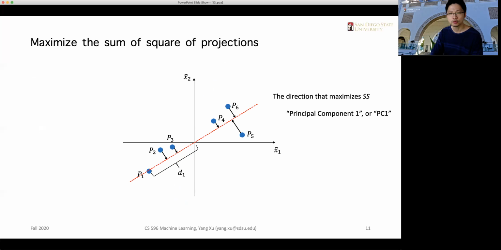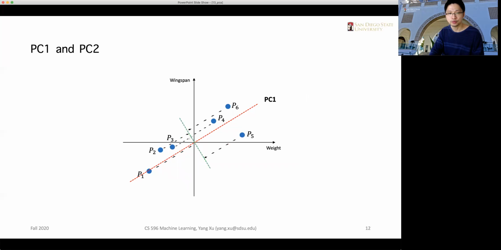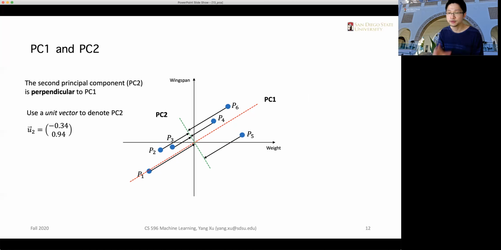With this principal component, it can be described by a unit length vector, a short vector just pointing to the direction of the new dimension. And perpendicular to this PC1 is PC2, which is the green direction shown by another unit length vector. So now we can use PC1 and PC2 instead of the original x1 and x2 to describe the data.